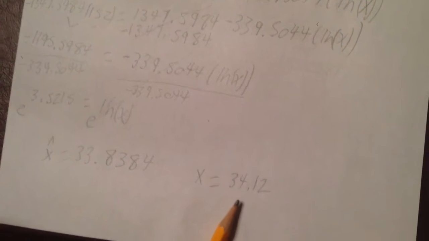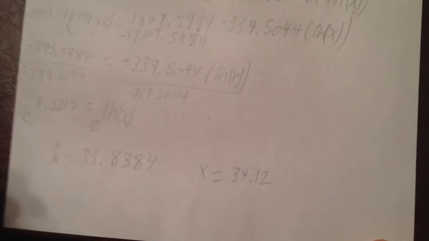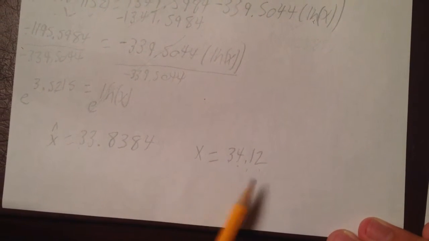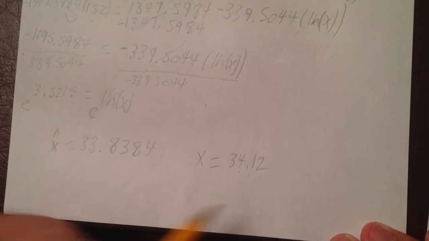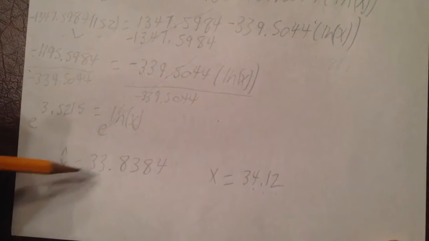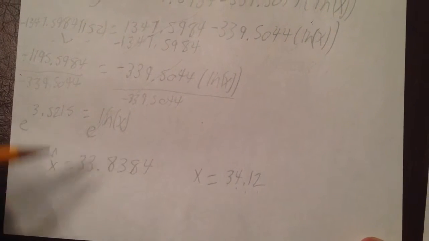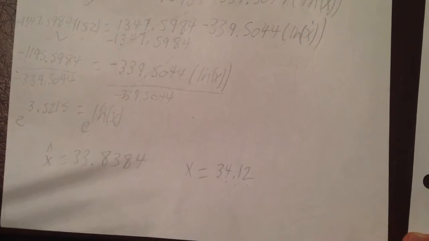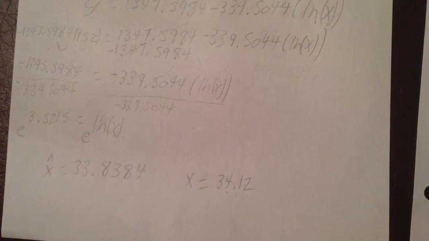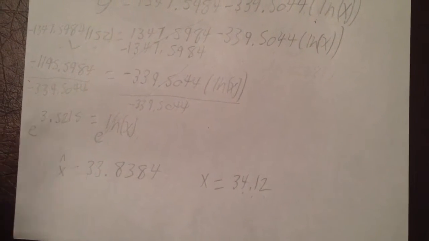Our actual time to get to 152 is 34.12. This is only about 0.2 seconds off when you're talking about 34 seconds. That's a pretty accurate prediction for the time for this value. It's a very good representation of the actual.